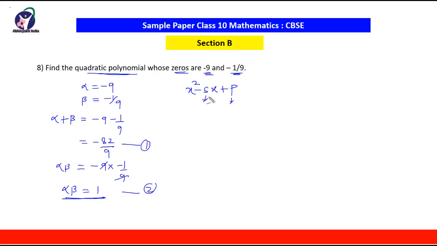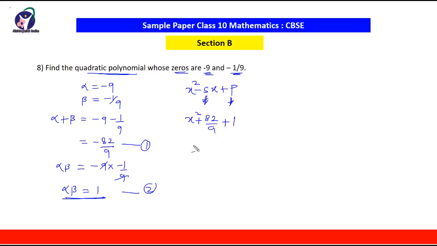So here we will put the value of s and the value of p. S is the sum of the roots, that is -82/9, and p is the product of the roots, that is 1. So this will be x square minus sx, and this minus will become plus, so it will be plus 82/9 x plus the product of the roots, which is 1.